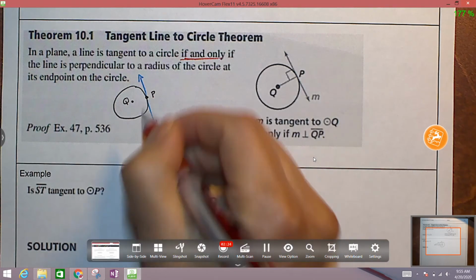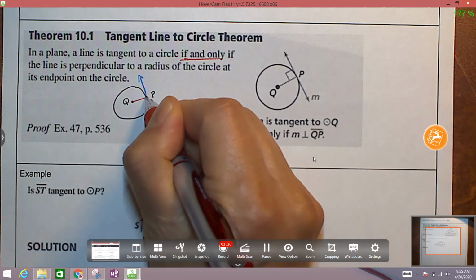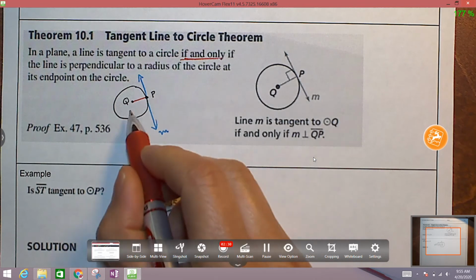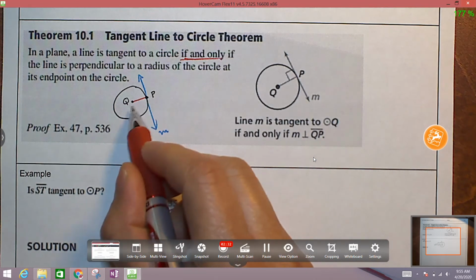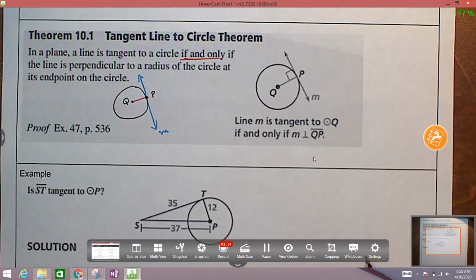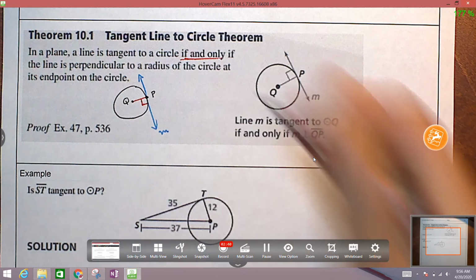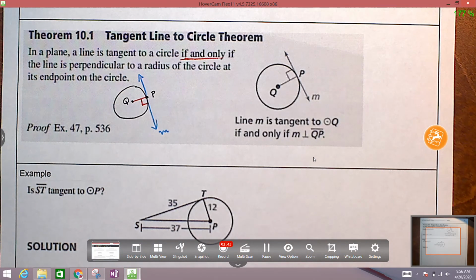If you draw the radius that goes from the center of the circle to the point of tangency, in other words, segment QP, we can conclude that these two are going to be perpendicular to each other. Line M is going to be perpendicular to segment QP.